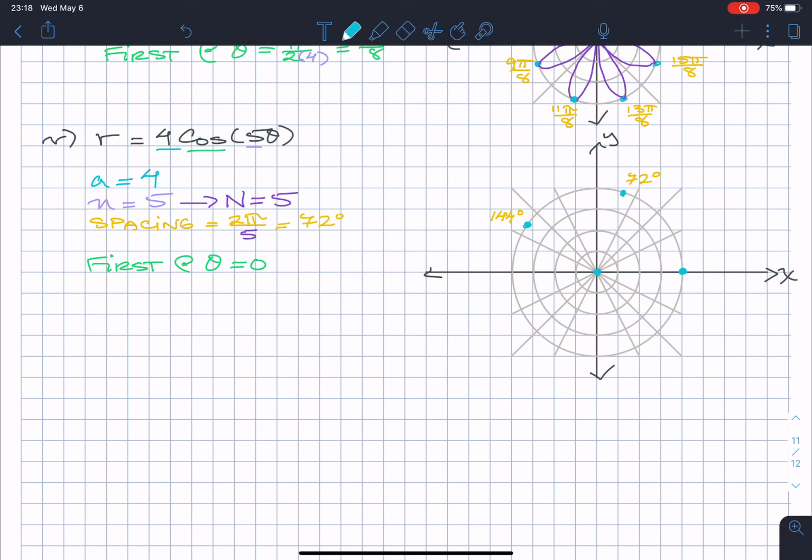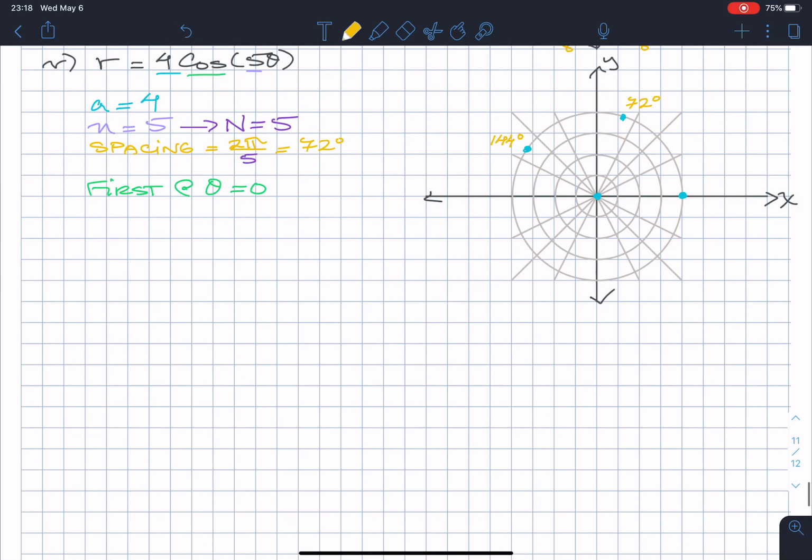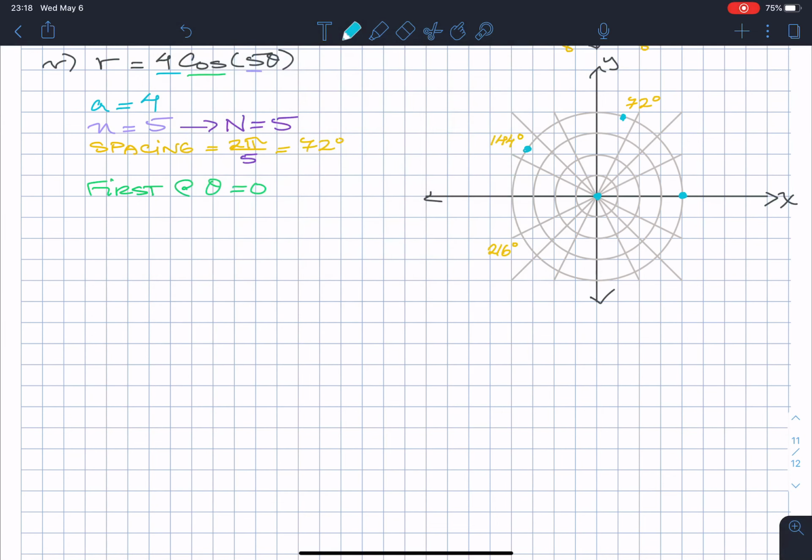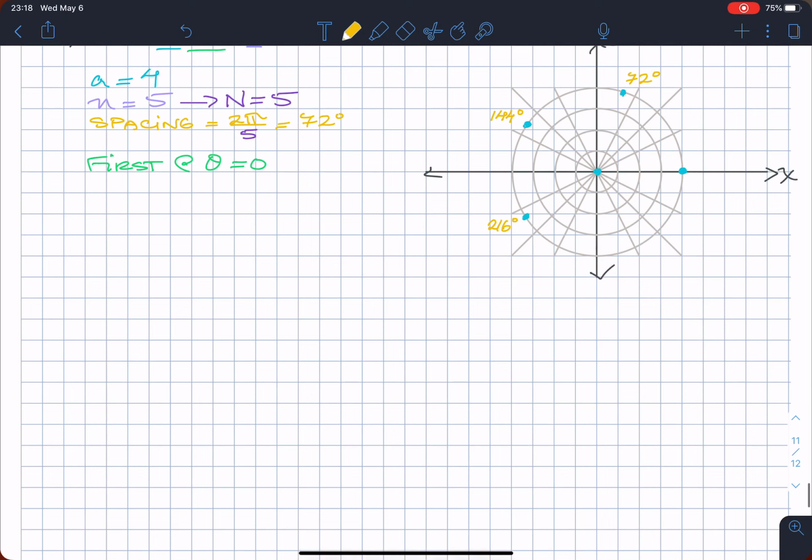Then if I add another 72 degrees, I get 216. Okay, so if 216 is a little bit beyond 210, so it's going to be about here.